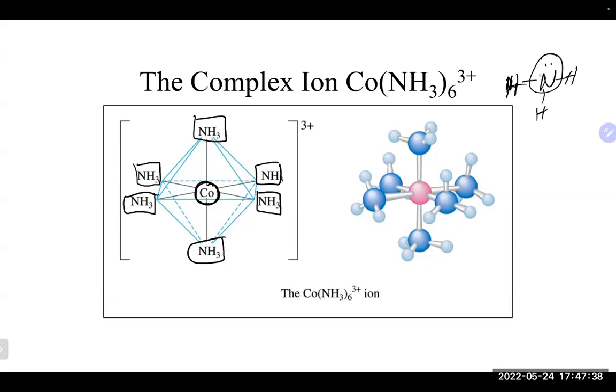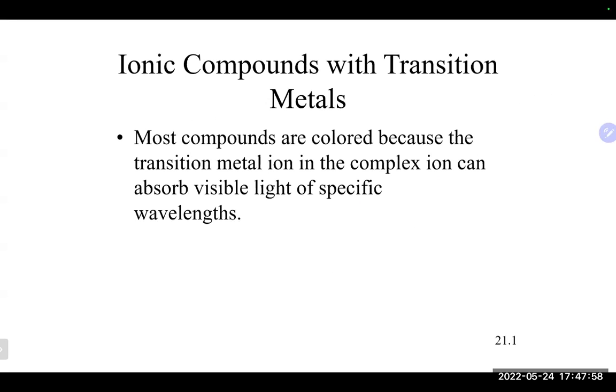That is where it will bond. By the time we are done, you will know how to properly name this, Co(NH3)6, instead of that. You'll be able to say that's the hexaamminecobalt(III) ion, and be happy about that, I suppose, or not.